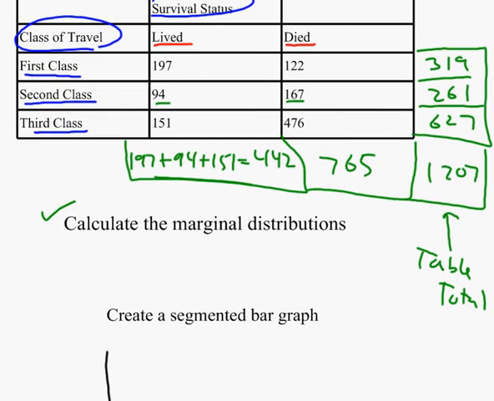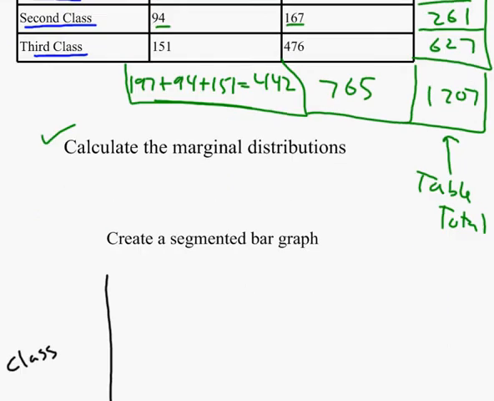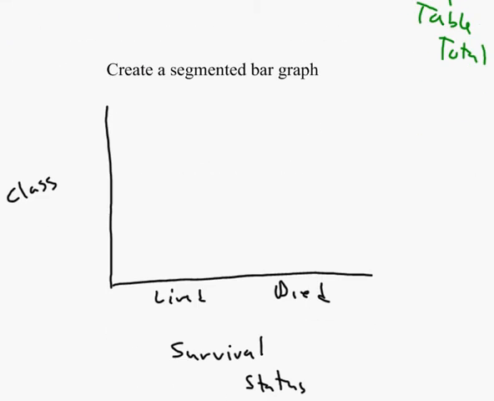If I look among the survival status, we'd have sort of a strange thing. If I made a bar graph out of counts, which is what this table is in. When I say counts, it means that the numbers in here are the actual number of people, right? Then you could see right away these two bars, the bar for lived and the bar for died would be different heights.